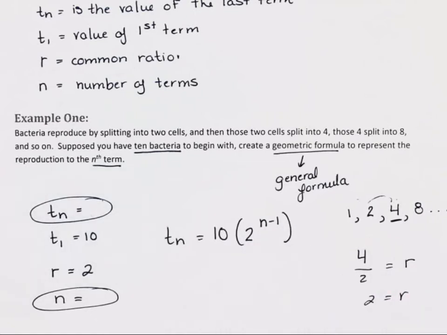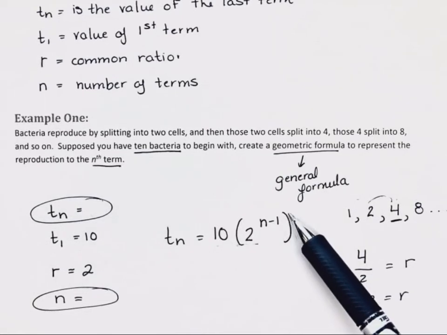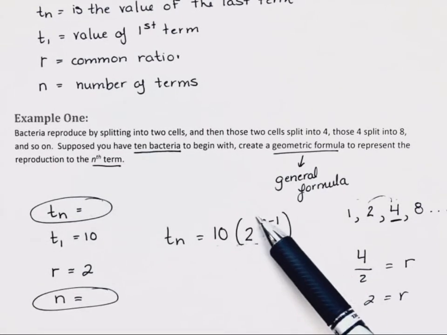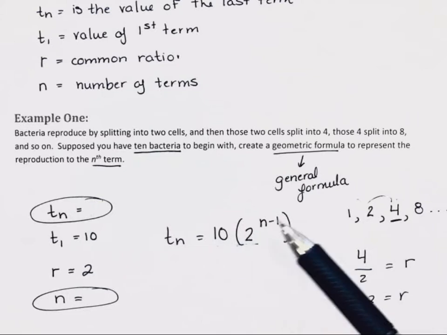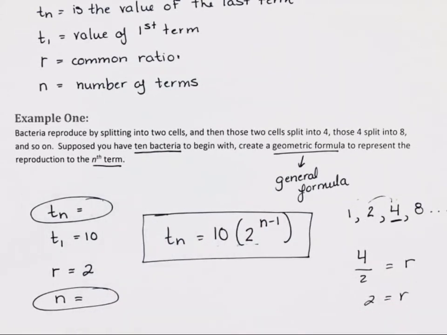Now, some of you may want to multiply these two numbers together, and I will be disappointed if you do, because order of operations states we have to do the exponent first before we can do any multiplying. So this, ladies and gentlemen, is actually the answer for the general formula.